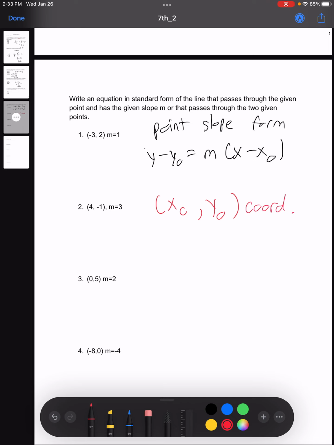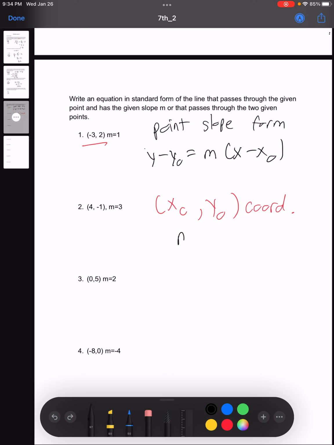So say we're given the point -3, 2 in this case. All x0 and y0 mean is that they're the respective x and y coordinate that's given to us. So in this case, the x0 would be -3, and the y0 would be 2. So that's all x0 and y0 is.